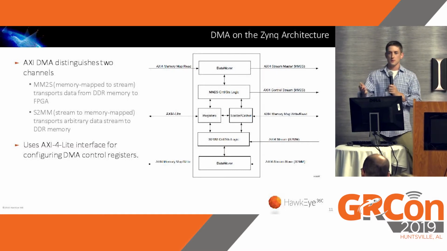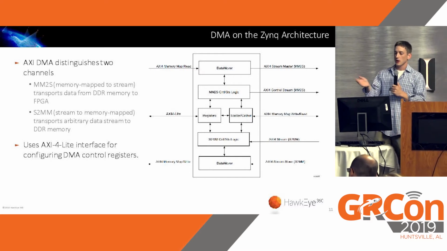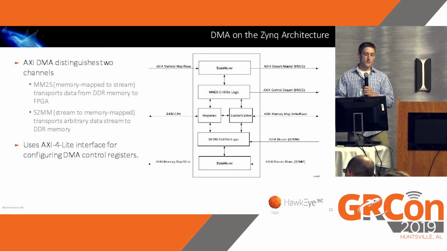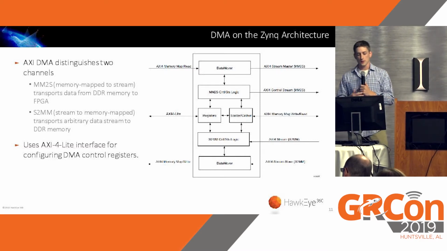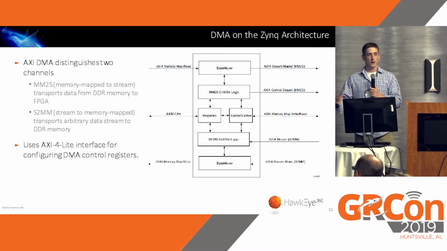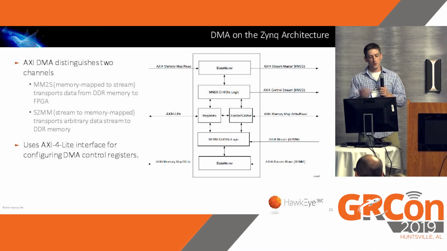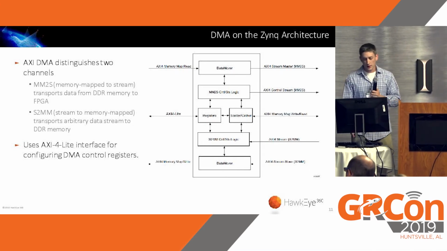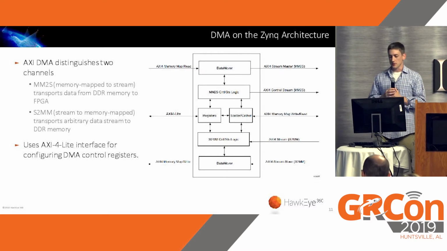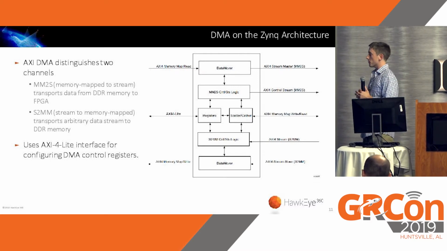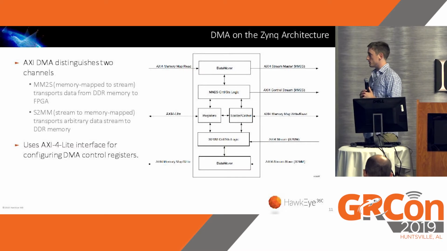This is like an AXI stream interface that you see on the FPGA, and you can read out the samples. And then the vice versa is stream to memory-mapped. It's like you're trying to read stuff off of the 9361. This is the thing I'm most interested in, which is taking samples from a streaming interface and putting them into memory. And then when the processor is interacting with that, you use the AXI-Lite interface, which basically is a lower throughput interface, but it lets you set the registers in a pretty easy way.